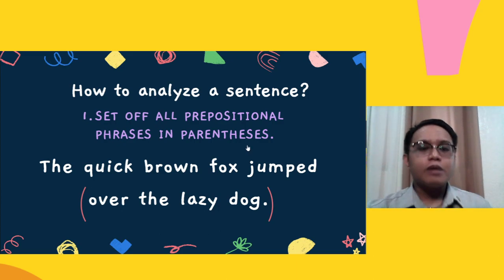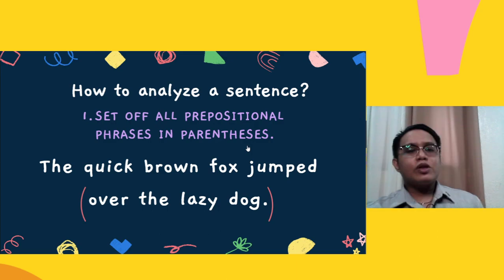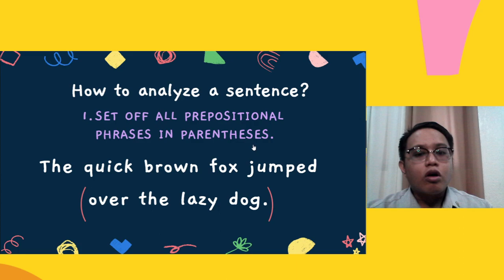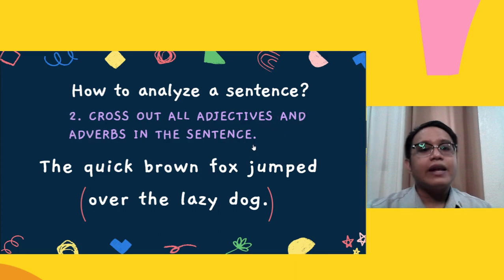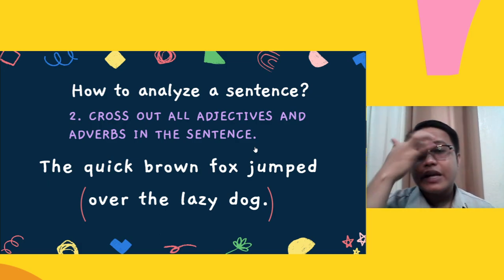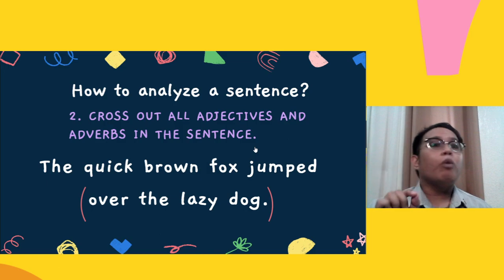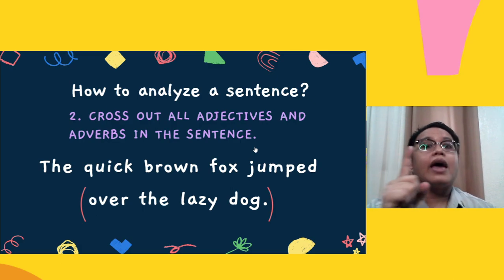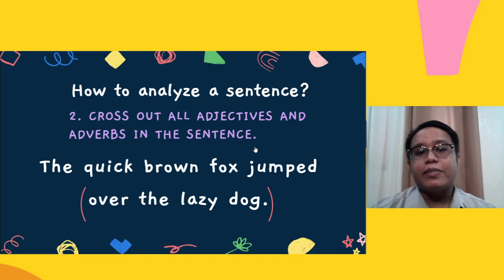Number 2 is we cross out all adjectives and adverbs in the sentence. Very easy. So, what are the adjectives and adverbs in the sentence? Is the an adjective or an adverb?